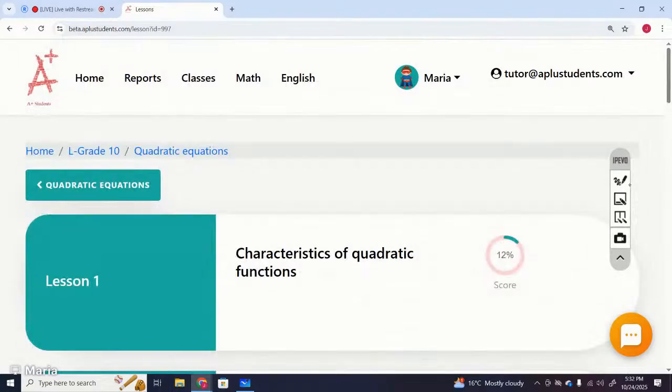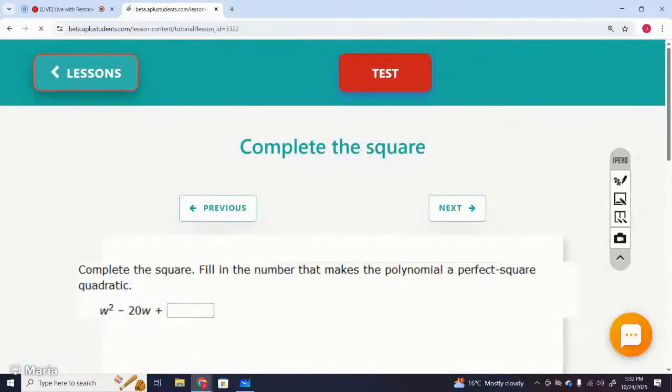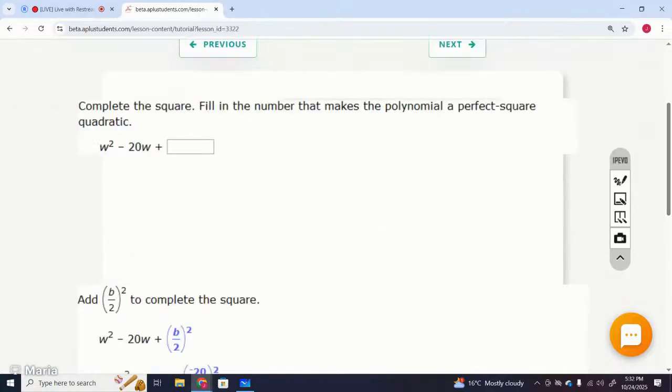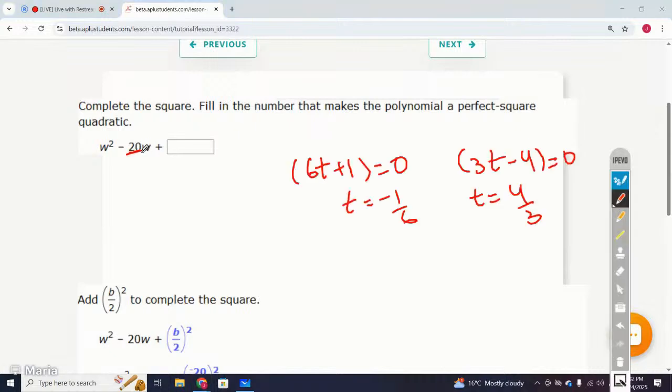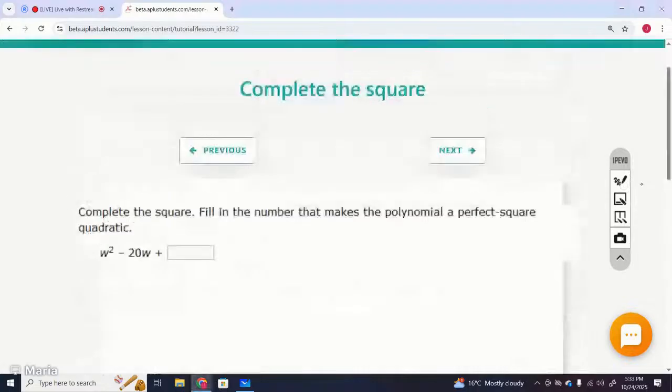Complete the square. W squared minus 20w. We need to add b over 2 squared. This is b. That is 10 squared, 10 squared is 100.